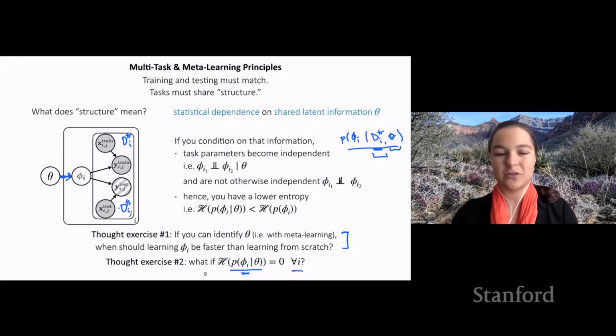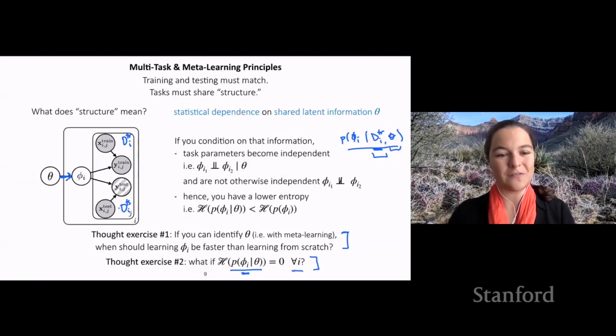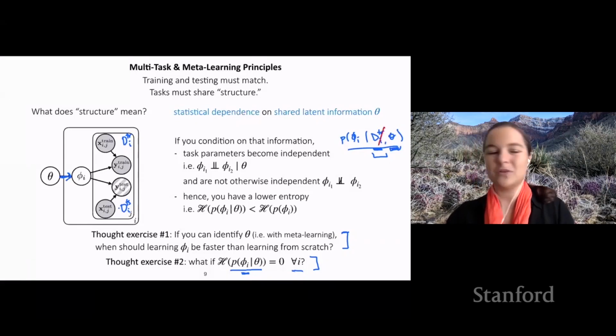Yeah, and as said in the chat, if this happens, then that means that the theta vector contains all of the information needed to solve the tasks. And the corollary to that is if it has all the information, then you don't actually need to pay attention to D train. It looks a bit like the memorization problem that we talked about before. And you can get a perfect score even in the zero-shot setting, for example.